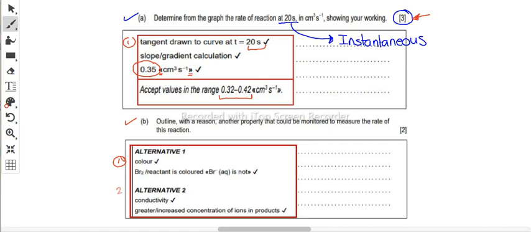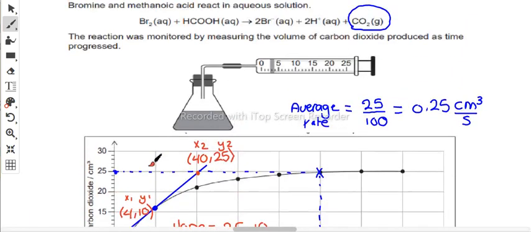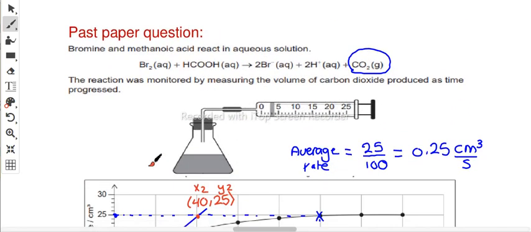The second, I can follow the conductivity. Here we have a greater increase in the ions inside the products. So if we go back into the balanced chemical equation, you're going to find that we have ions. So I can use the conductivity. I can use also the color change since you have bromine. We can also use the pH.